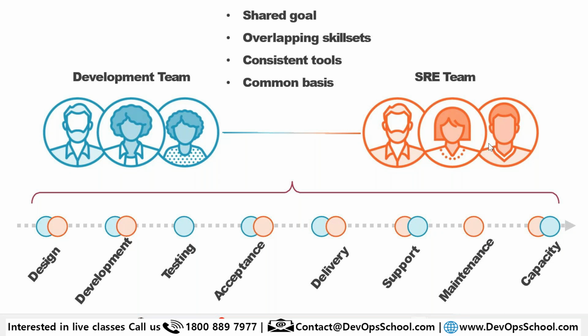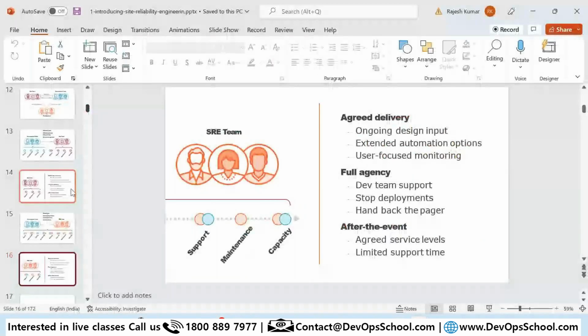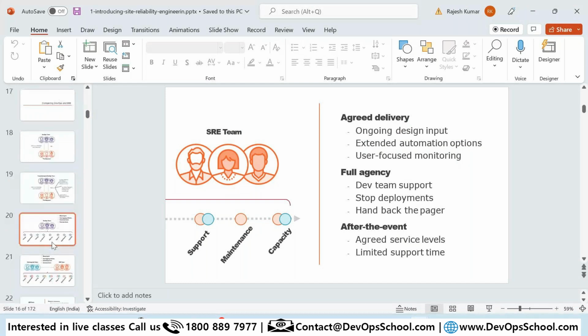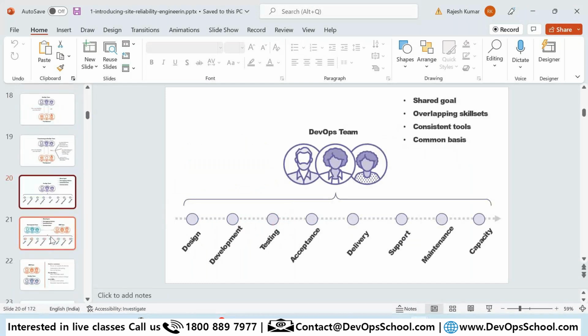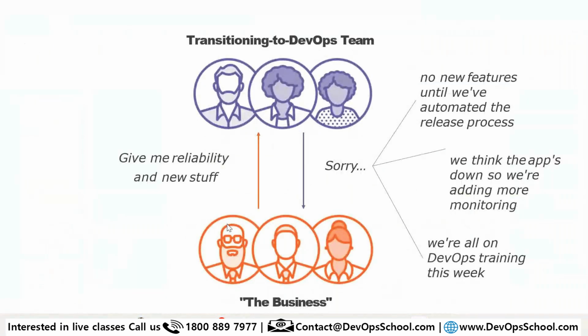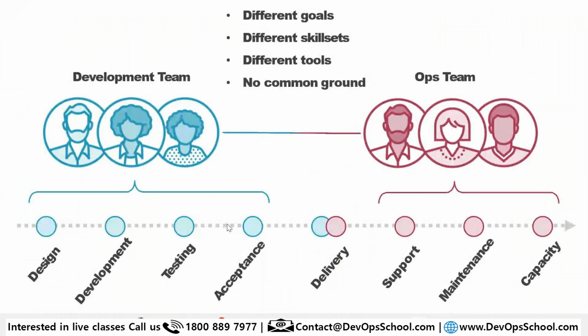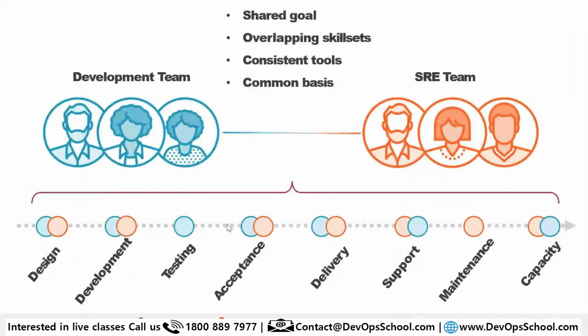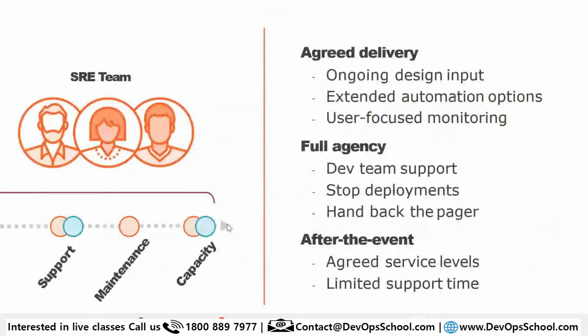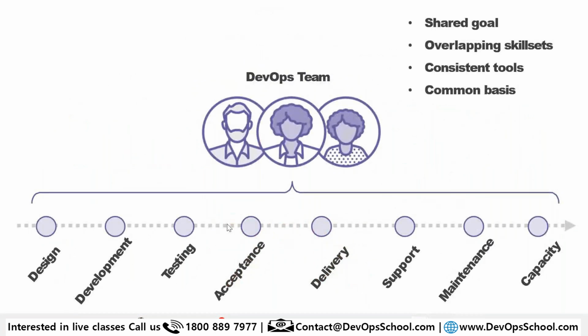Okay. Thank you. But one thing, in SRE we have many other things also to understand. See here, this picture will help you a little bit better. So here you see, let me show you. This is the ops team. This is the SRE team, which I showed you, and this is a DevOps team.